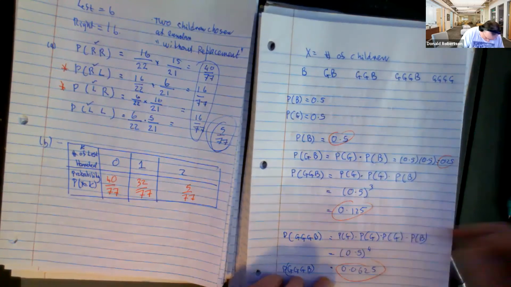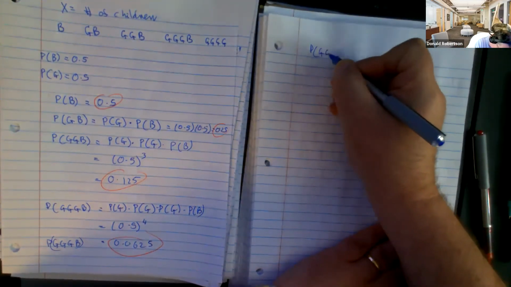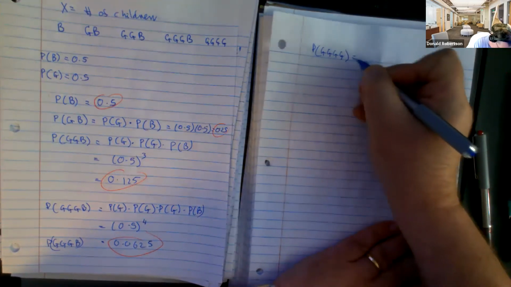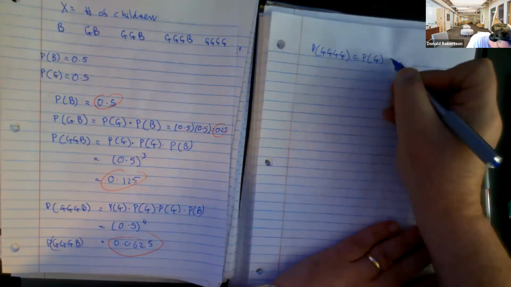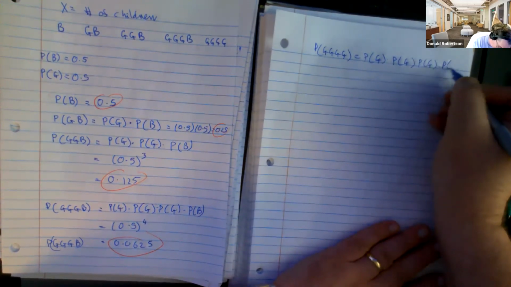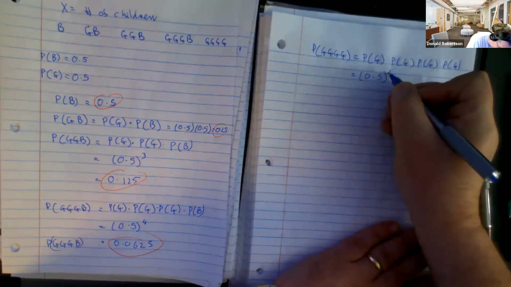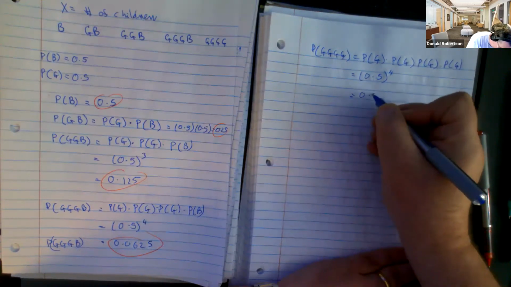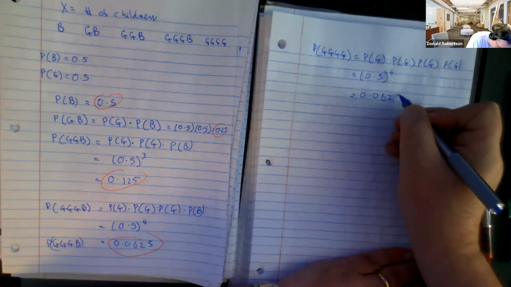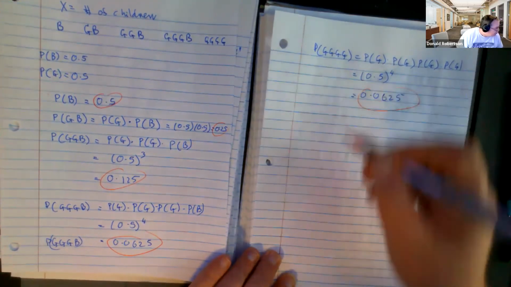Circle around it. One last one to do. And that's just everybody was a girl. So you want to find the probability that you get 4 girls in a row. It ends up also being 0.5 to the power of 4, and it ends up being 0.0625. And that's question A finished.